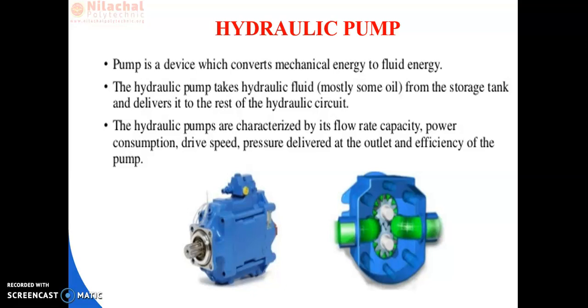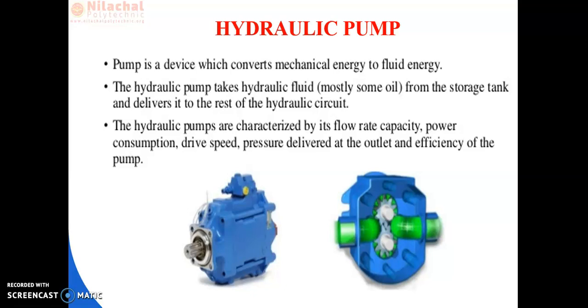Before we study the hydraulic pump, we have to study the characteristics of the hydraulic pump. First of all, there are flow rate capacity, power consumption, drive speed, pressure delivered at the outlet, and efficiency of the pump.